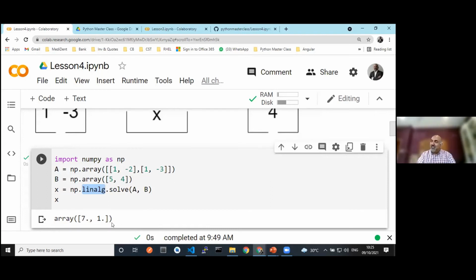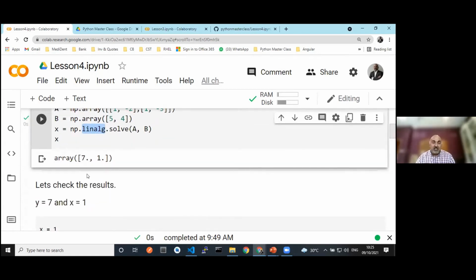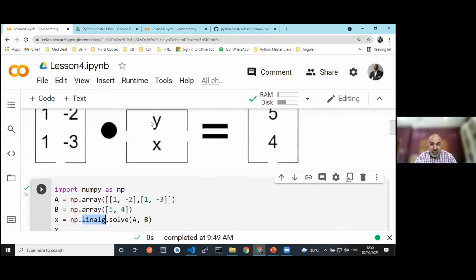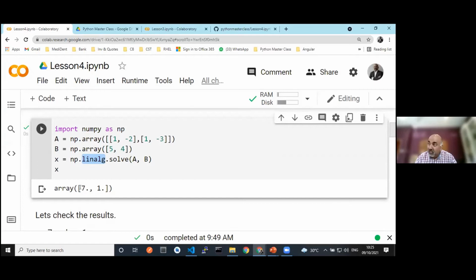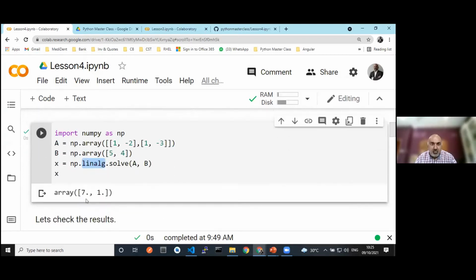No need to crack your head and find out what the solution is and all of that. We can go on to test it out. Okay, so again here, you must remember that it never said what is y and what is x, which is x and which is y. So you come back to how you defined it. You put the y in front, so therefore the first value is y. All right, so it will follow this order. If I change these lines the other way around and put x on top and y down, the answer will be different.